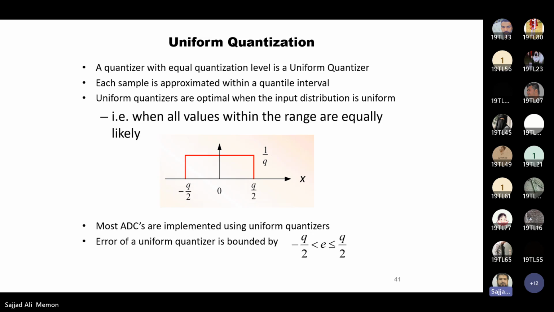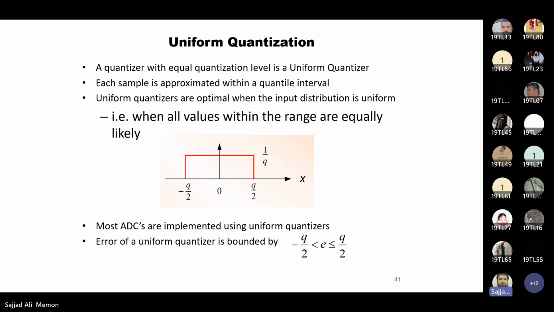So the quantization error cannot exceed Q over 2, or 1 over 2, whatever the Q is, and the total is 1 over Q. So the quantization error will remain between minus Q over 2 and Q over 2. It cannot exceed that. It is bounded by that. Each sample is approximated within a quantile interval.